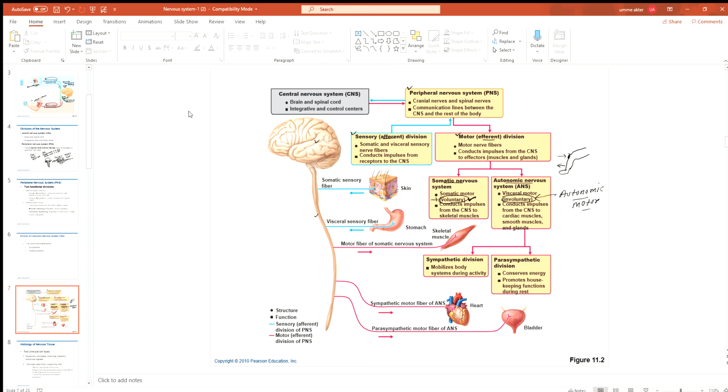You have stretch receptors, and stretch receptors get activated, and the receptors send signal first to the spinal cord, and then from the spinal cord signal goes to the effector muscles of your leg, and that kicks the leg forward.